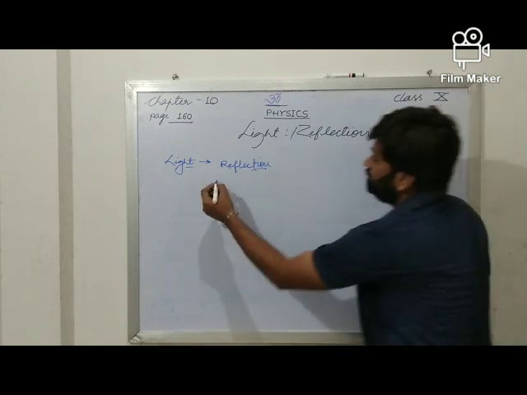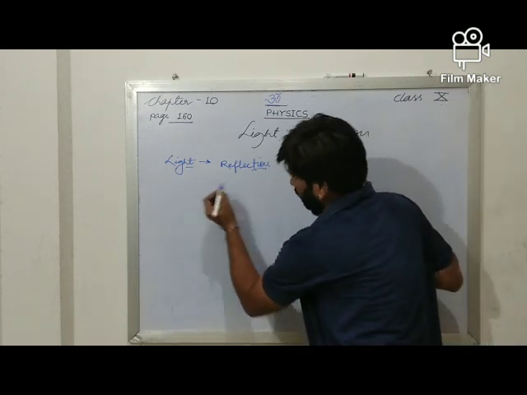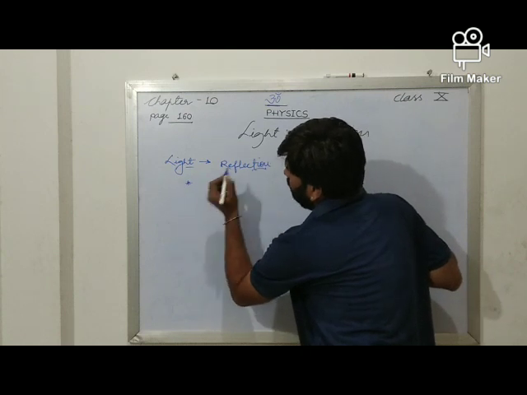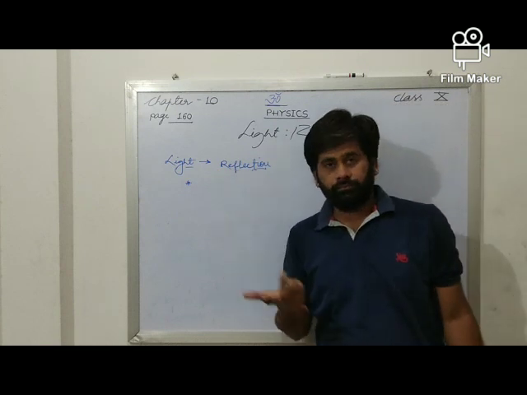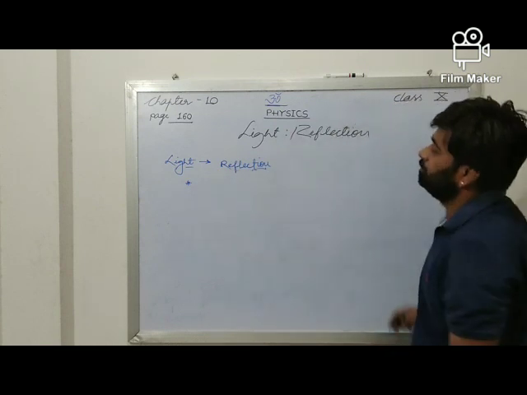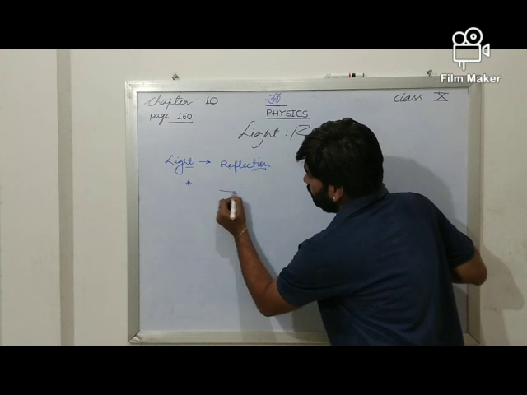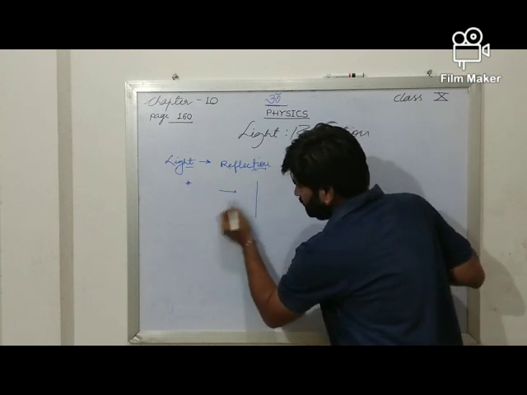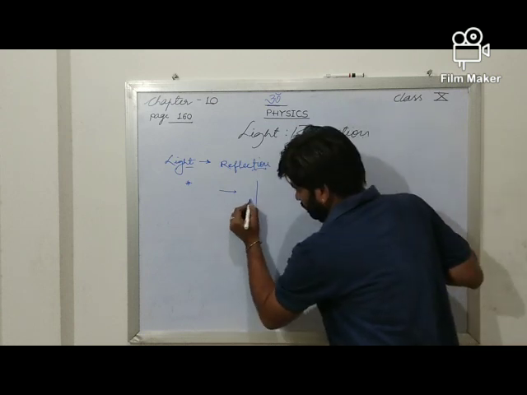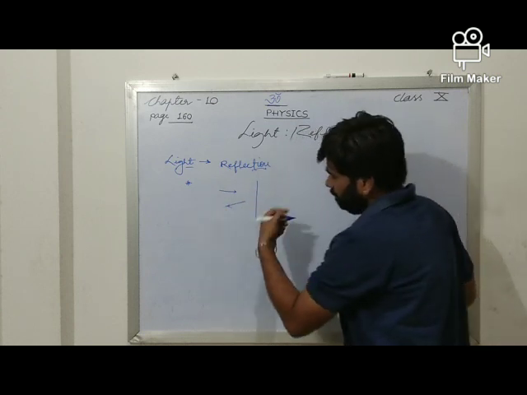As we have already seen in 8th class, let me ask you, what is reflection? What do you mean by reflection? Something comes to a particular surface, and then bounces back or goes back at a particular angle, which we will see about.